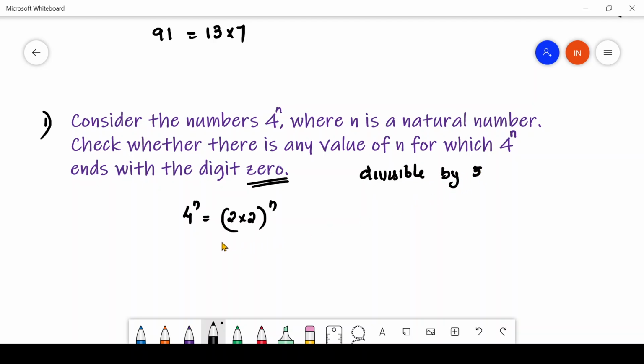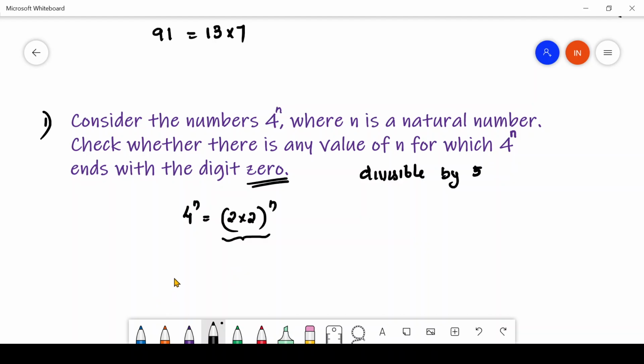So you can see here 4 raised to n is a product of 2s. Is there any 5 in this? No. So is it possible for the number to end with the digit 0? No, right? So what can we conclude? There is no value of n for which 4 raised to n ends with the digit 0, right?